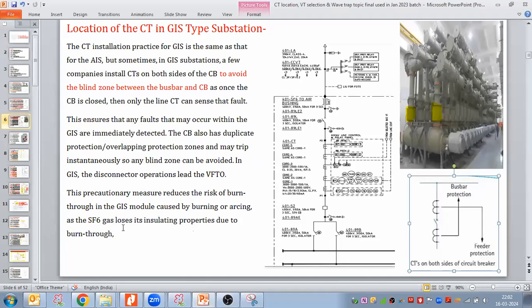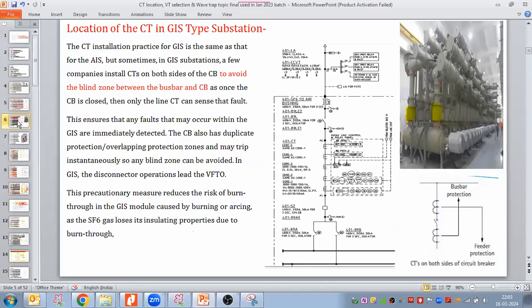So I wanted to avoid any kind of burn through, or I do not want to leave any blind zone inside the GIS. Even if my line is unnecessarily tripping, that can be tolerable, but with the GIS, the SF6 insulating property is not tolerable. Am I clear with AIS?